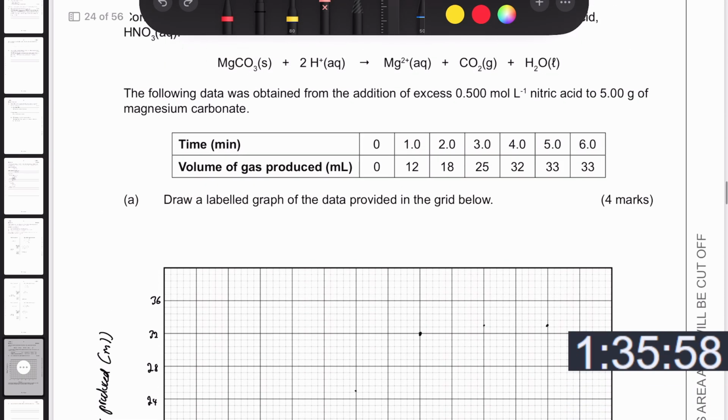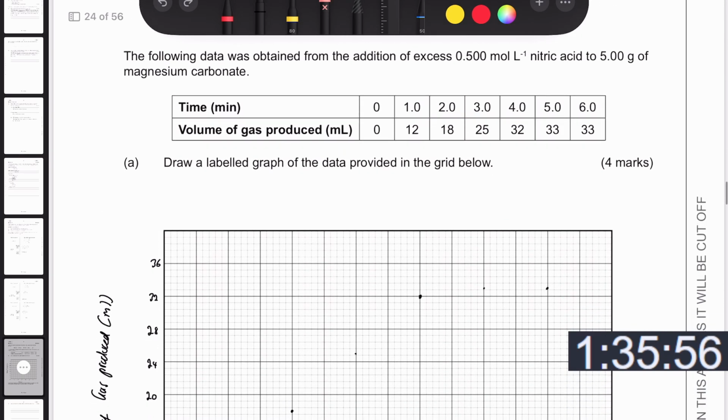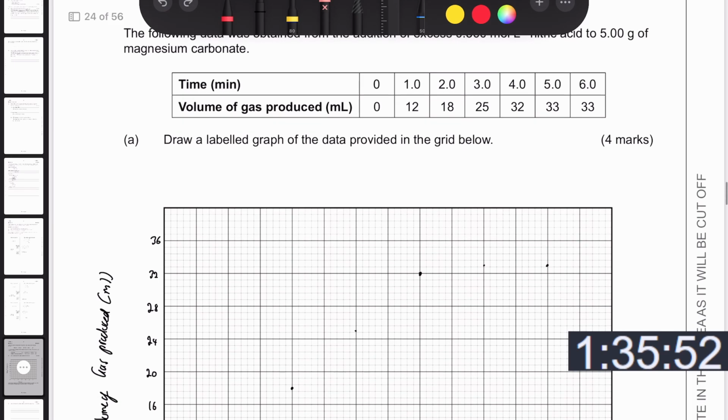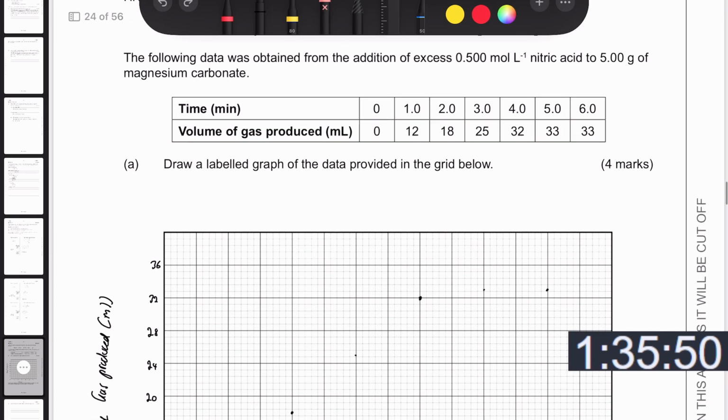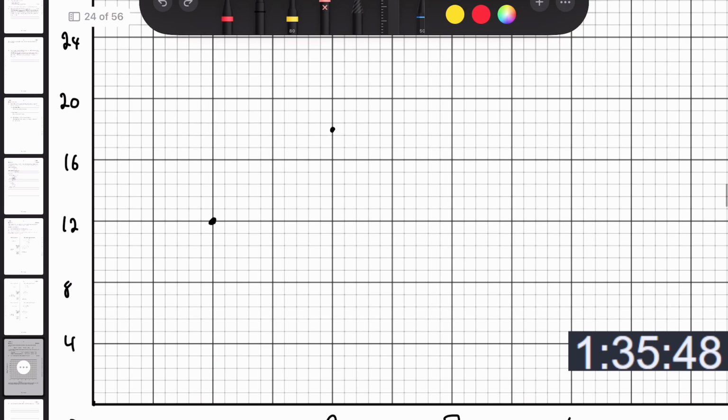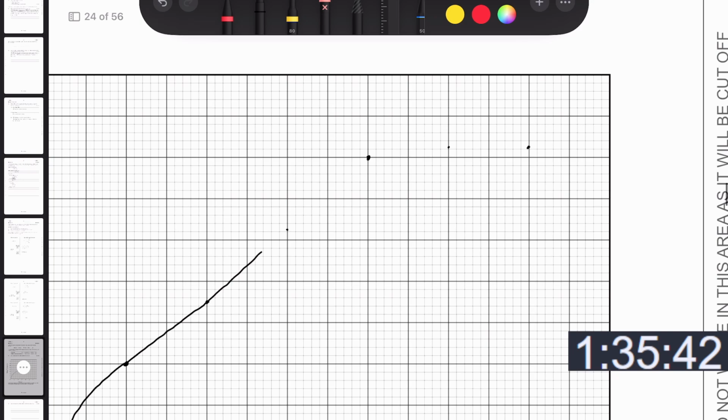16. 2 is at 18. 3 is at 25. 4 is 32. Okay, so I'm just gonna do something like this. Let me just use the marker there, so something like that.